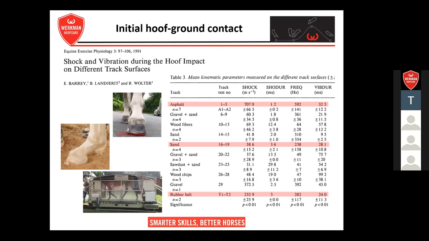So it's still quite a high load affecting the hoof and the limb. And the vibrations are not too small either. This is interesting because a lot of rubber belts are part of these treadmills. And good treadmills, for this reason, have shock absorbing mechanisms included, just to reduce shock and vibrations affecting the bones of the hoof, of course.